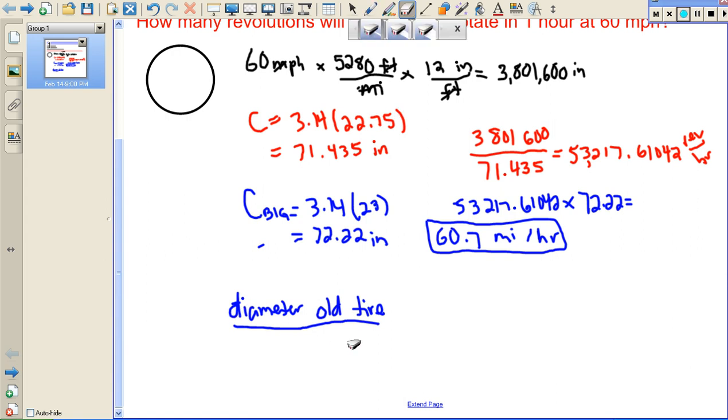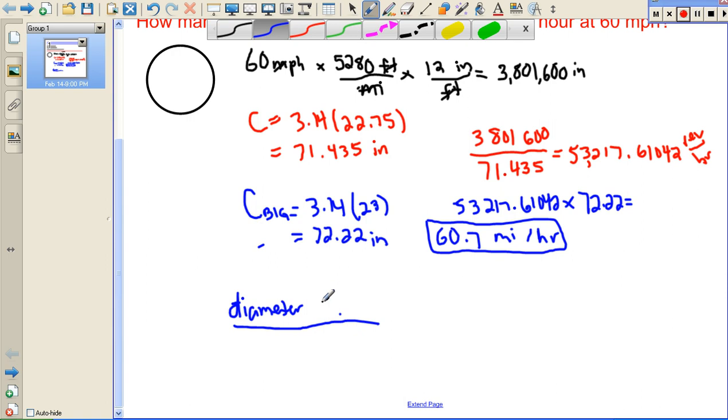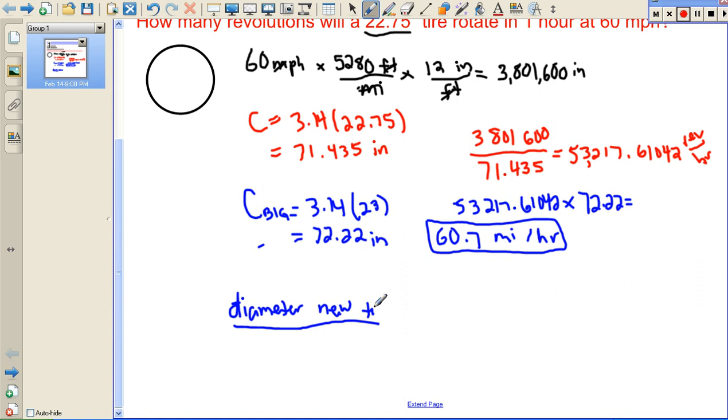You want the new one on top. So the diameter of the new, not old, of the new tire divided by the diameter of the old tire, and then times it by whatever your miles per hour is.